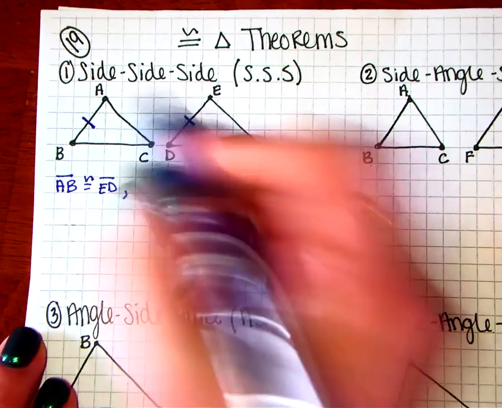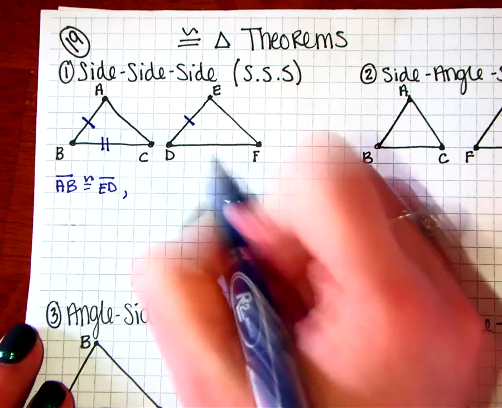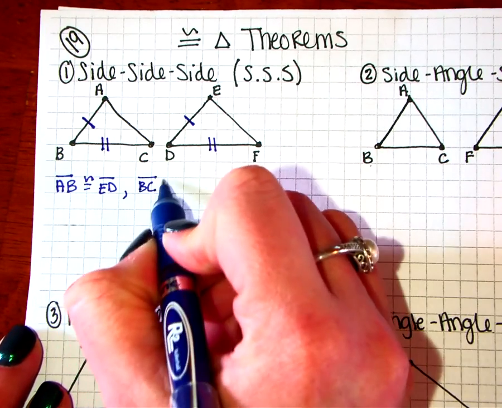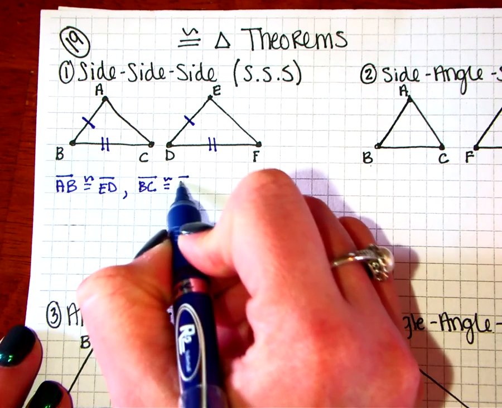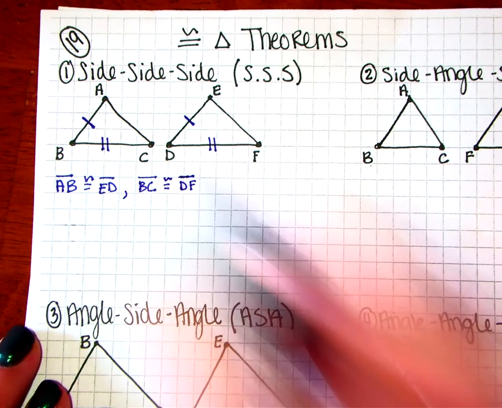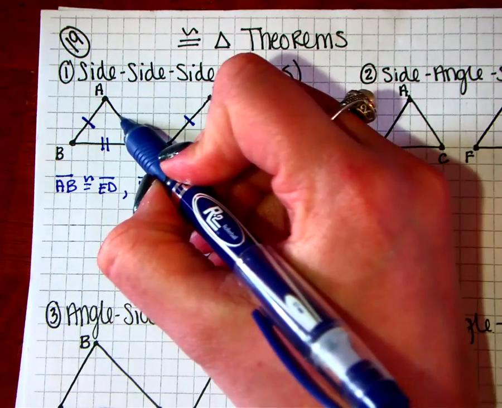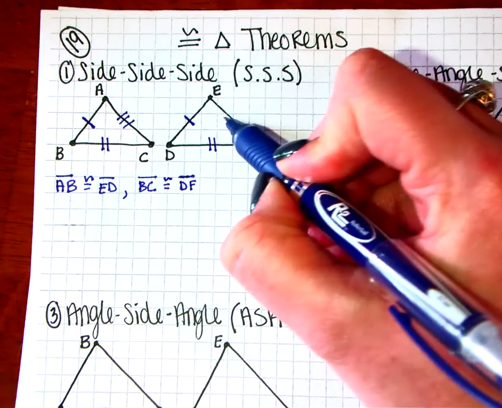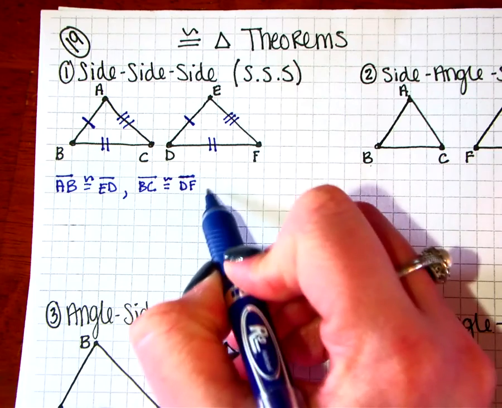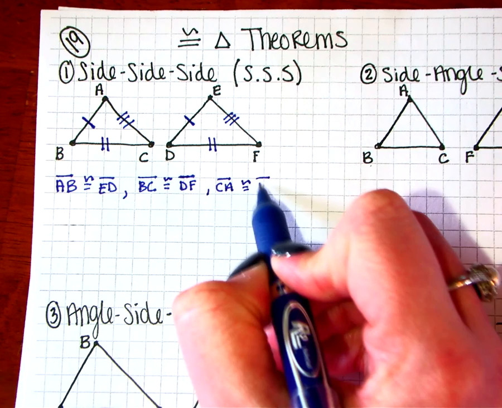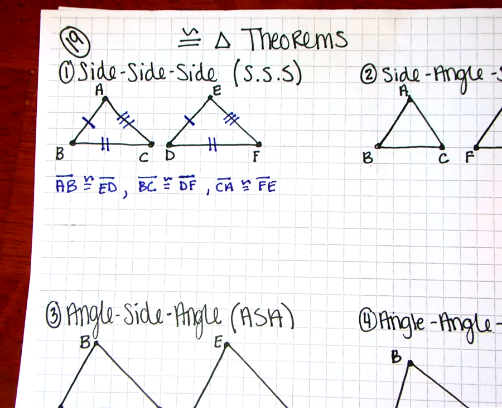Next, we have BC, and that will be the same as DE. So in all these examples on this page, the triangles are going to be turned the same way. We're not going to focus on a congruency statement. We'll write that at the end. And last, we've got CA and FE. So CA is congruent to FE.